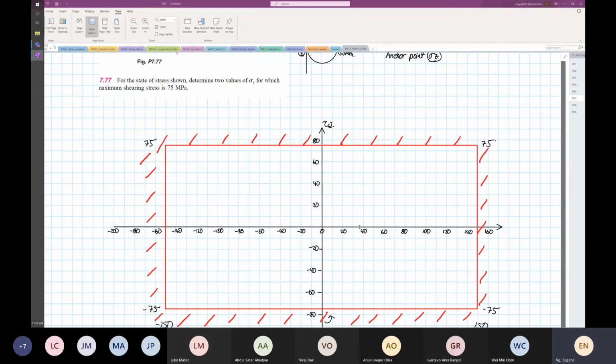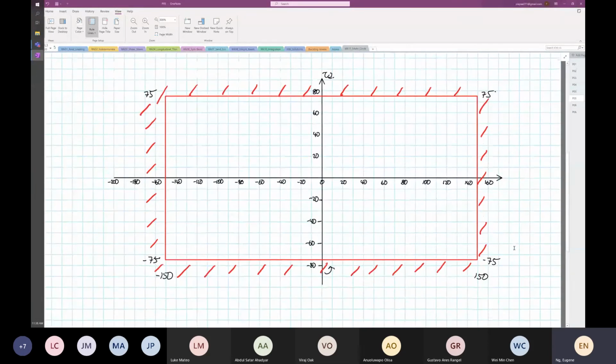To yield. So what we have just done down here is we have combined Mohr circle with stress strain curve. I repeat again, we have combined Mohr circle with stress strain curve. What do I mean we have combined with stress strain curve?